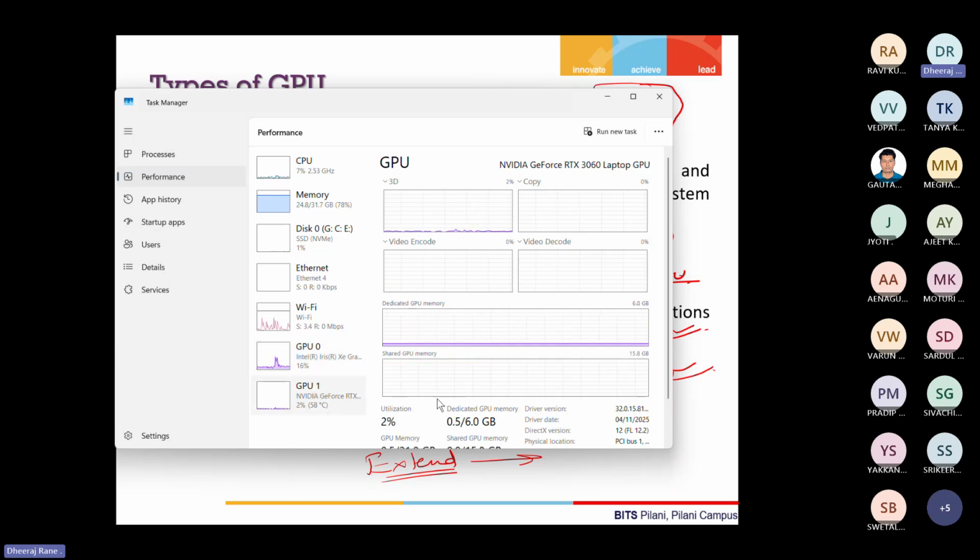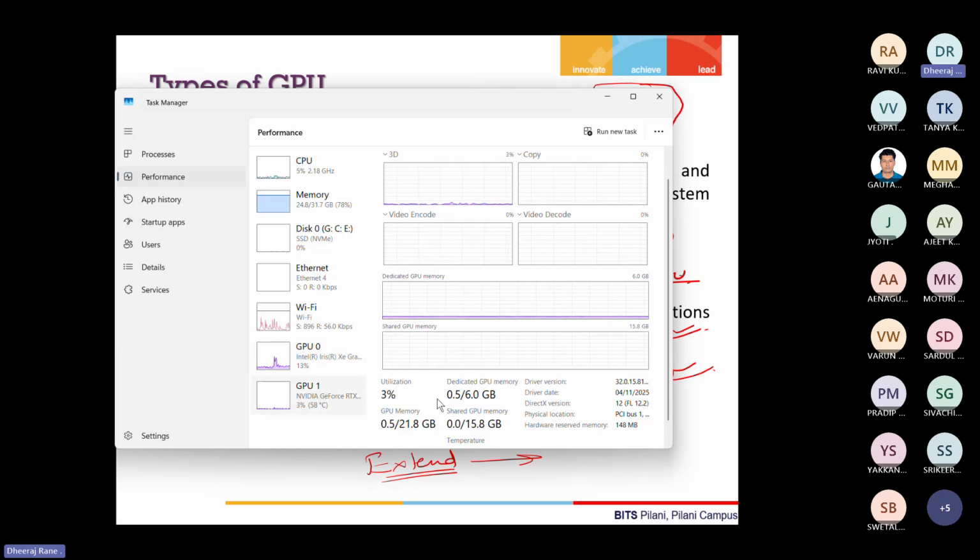So as of now, it is not making much of a difference. But again, what I told you, when utilizing Photoshop for creating images for the presentation and all that, at that time when you look at this GPU, definitely the utilization will increase.